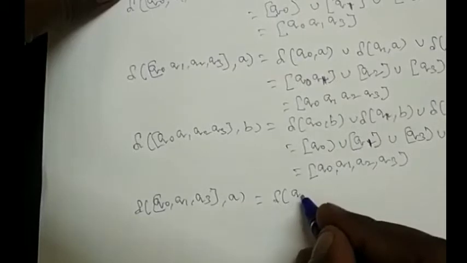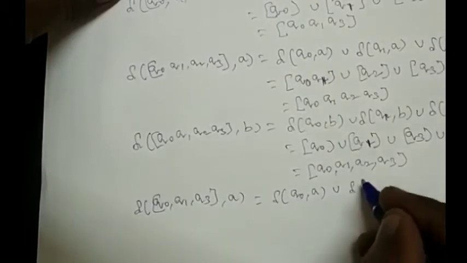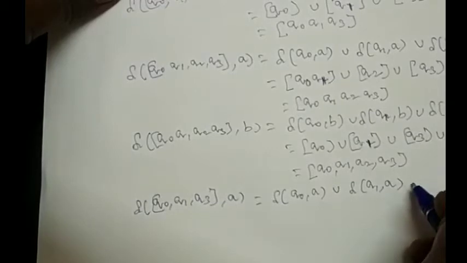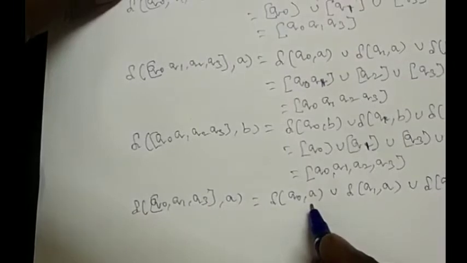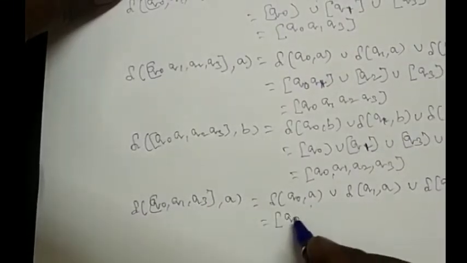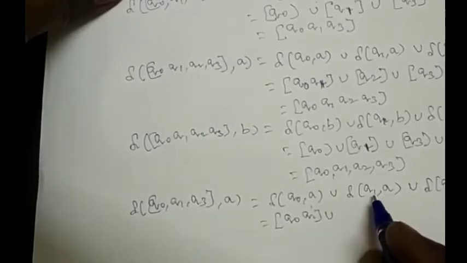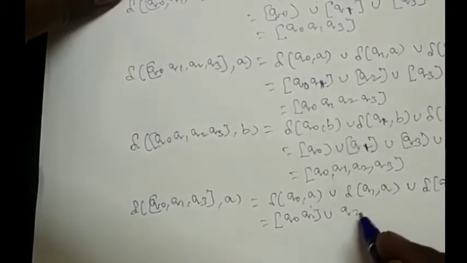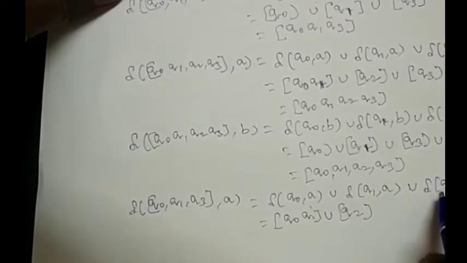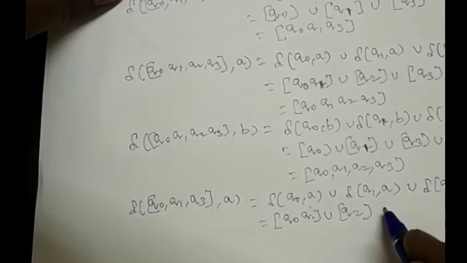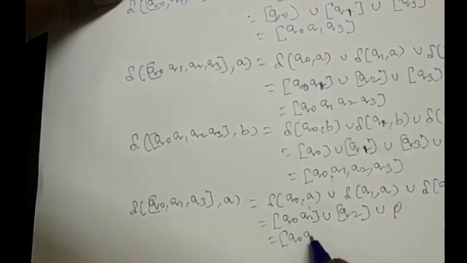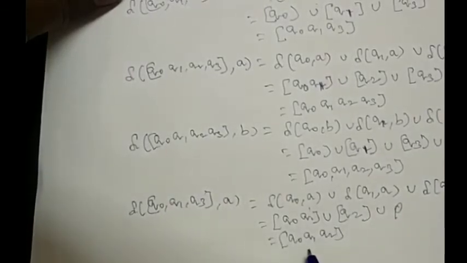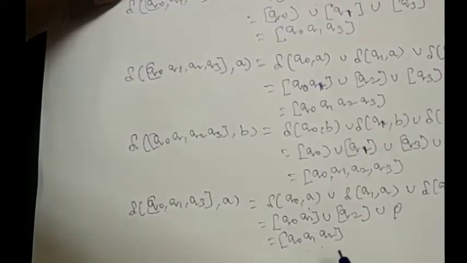So delta of Q0, A, union of delta of Q1, A, and union of delta of Q3, A. Okay, so Q0, A will be resulting in the answer called as Q0, Q1, union Q1, A. Okay, that will be resulting in the answer called as Q2, and Q3, A. It will be resulting in the answer called as phi. Okay, so again you will get the answer called as Q0, Q1 and Q2. Okay, this is not a new state which is already we have an entry in the DFA table.